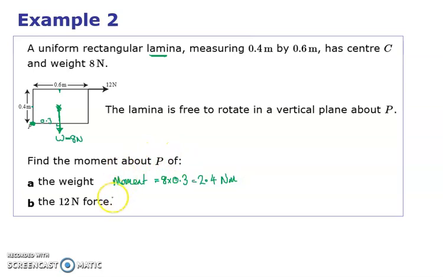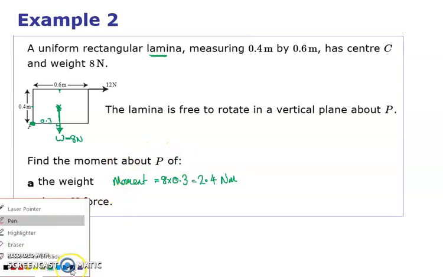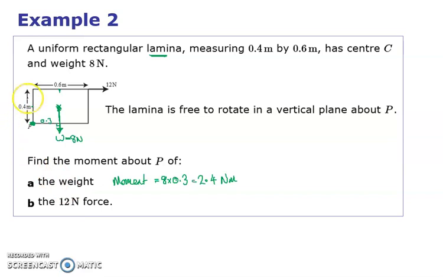And what about the 12 Newton force? Well, I'll go back to a different colour pen. I'll go for blue this time. The 12, well, I know it looks as if it's acting there, but it's not really. We have to think of this in terms of the distance from P. And you can see that's going there, and that's where the right angle is. So although it looks like a 12 Newton force there, we think of it acting all the way through this.